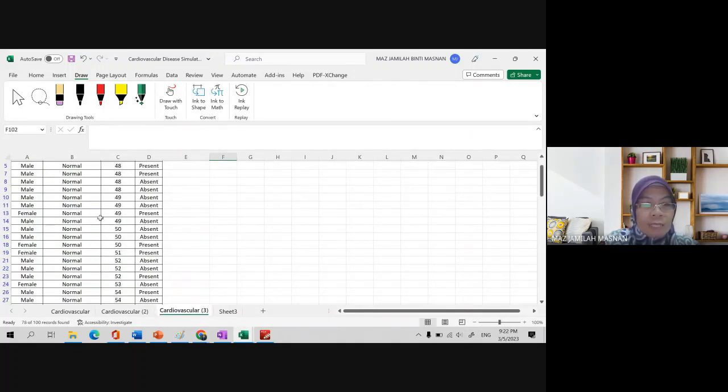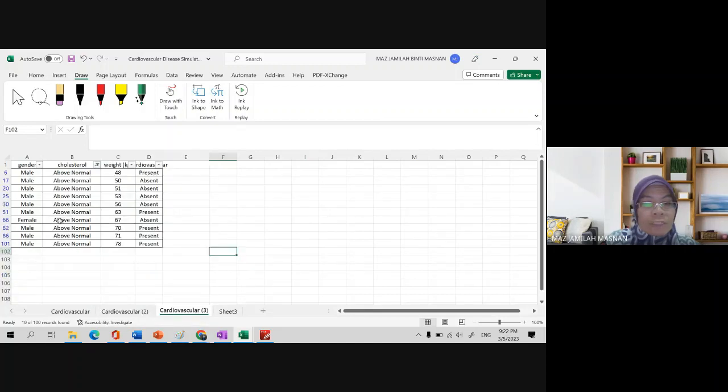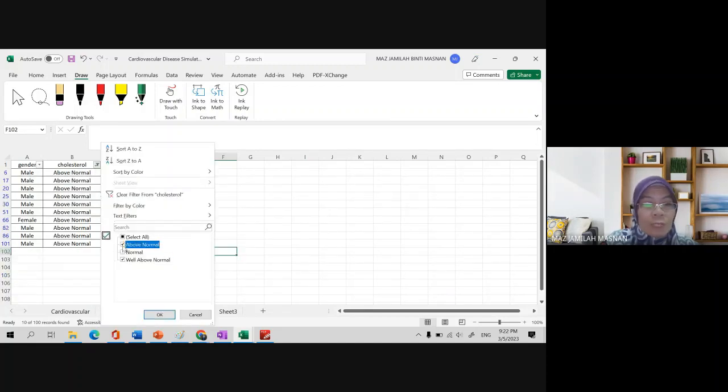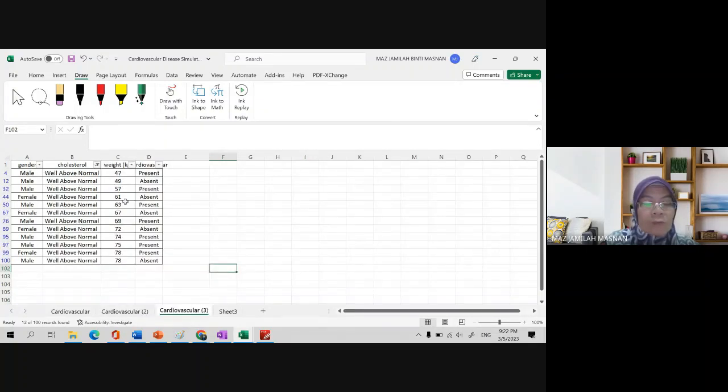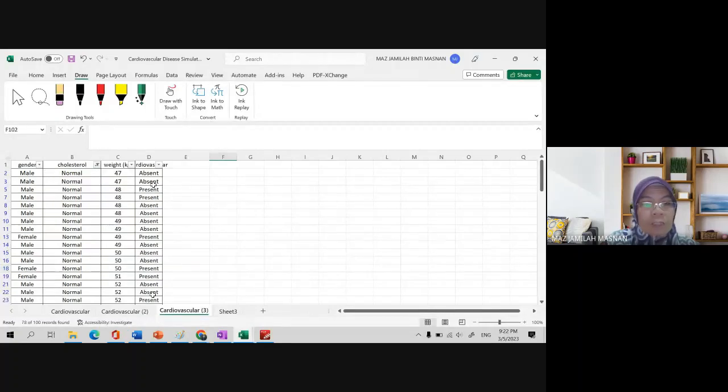It seems that the normal cholesterol got the most observations compared to above normal. Above normal has only a few. The same goes for well above normal, only a few. But the normal case got so many. But for normal, you got the absent and present cases.